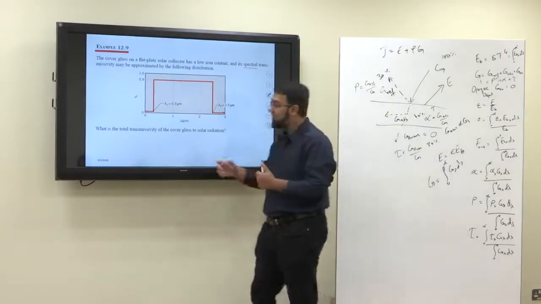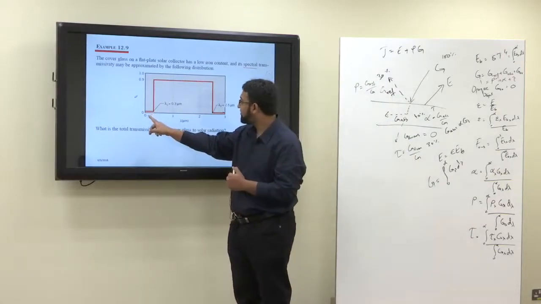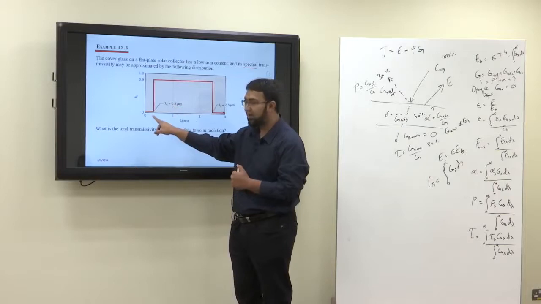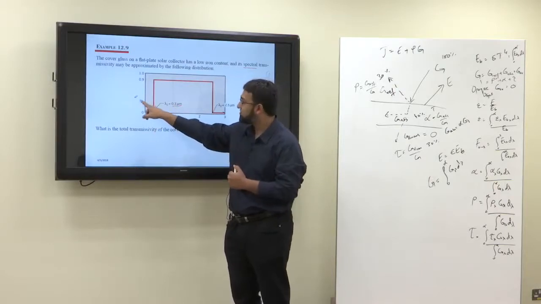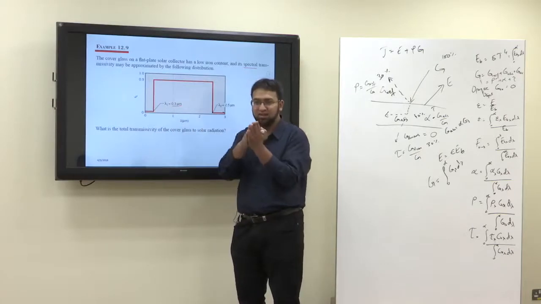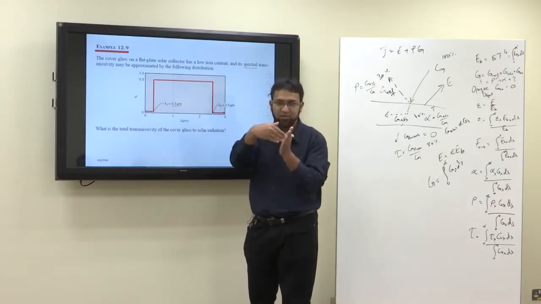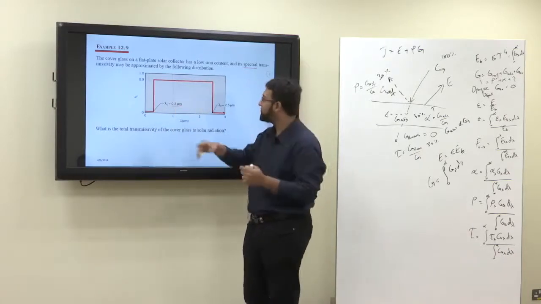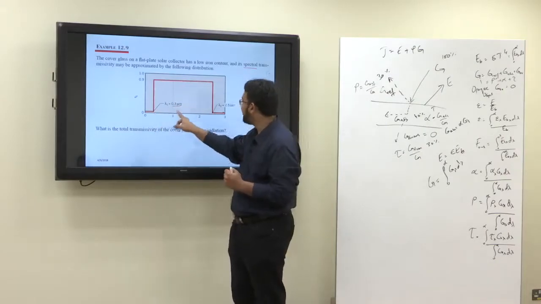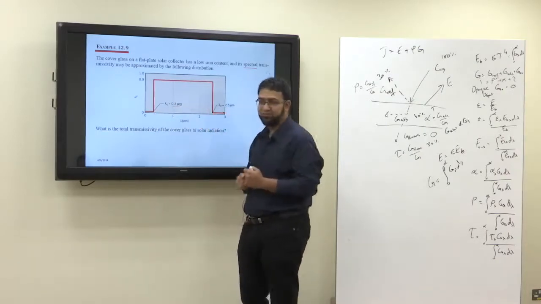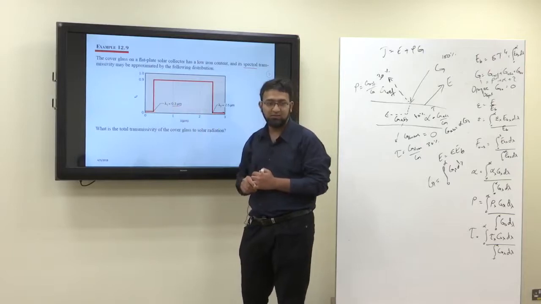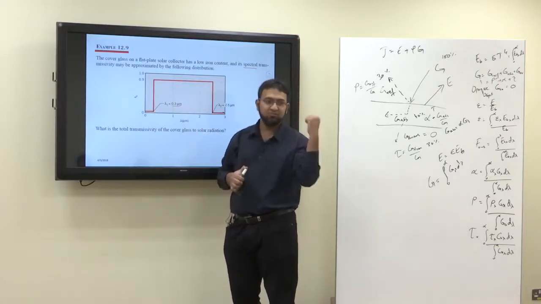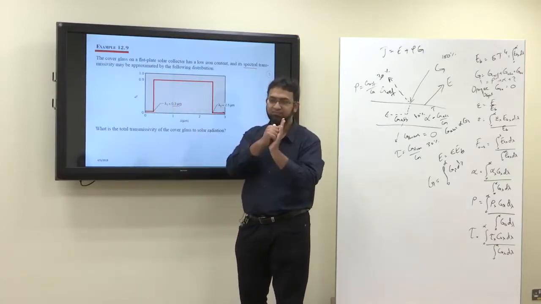So if the wavelength is between 0 to 0.3 microns, then transmissivity is 0. So it's a glass and it will allow wavelengths to pass through, but only the wavelengths between 0.3 to 2.5 microns. If the wavelength is less than 0.3, it will not pass through the glass.